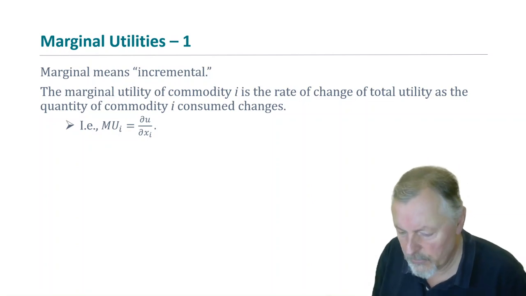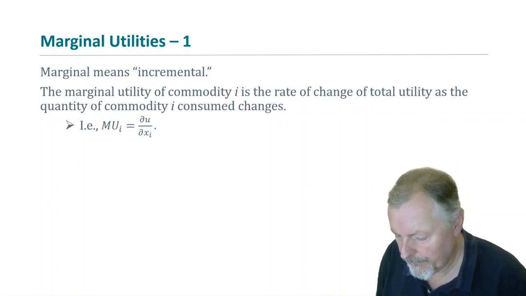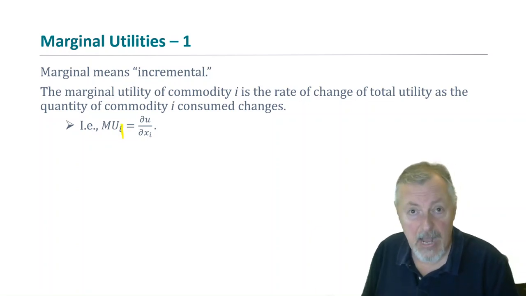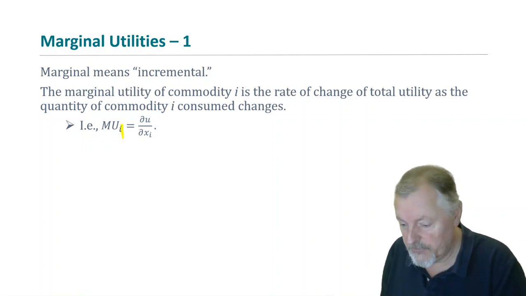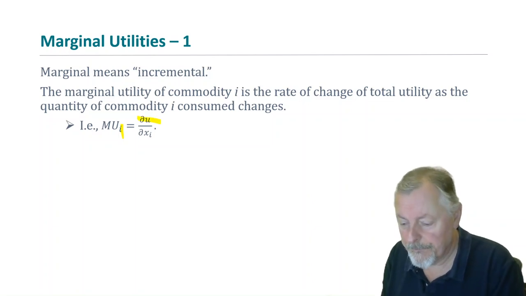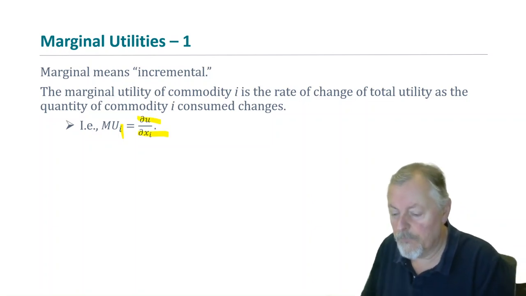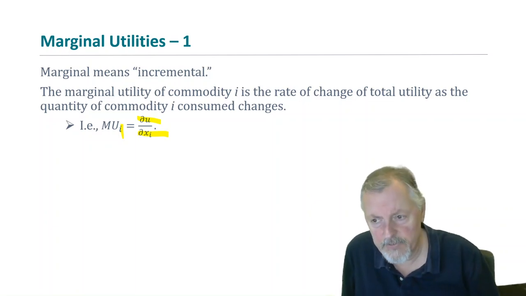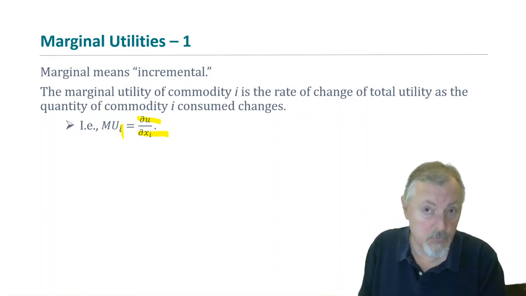The marginal utility of item i is the change in total utility for a change in quantity of x. It's a derivative.